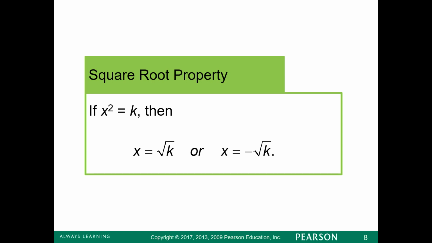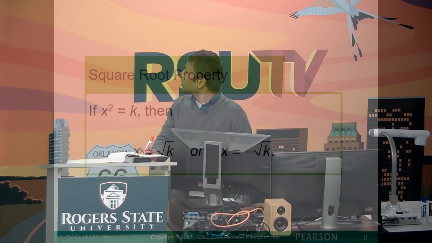If x squared equal to 4, x equal to what? Radical 4 or x equal to negative radical 4, right? Radical 4 is 2, so x equal to 2 or negative 2. Make sense? Okay, good.